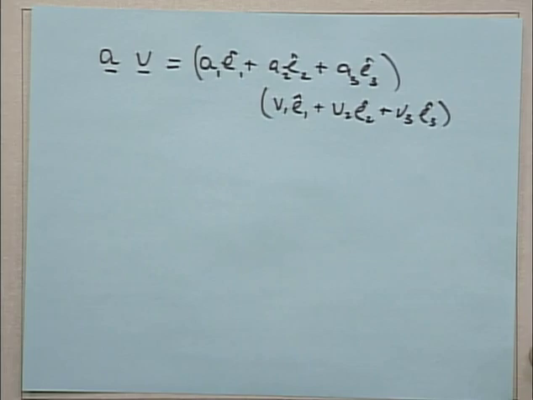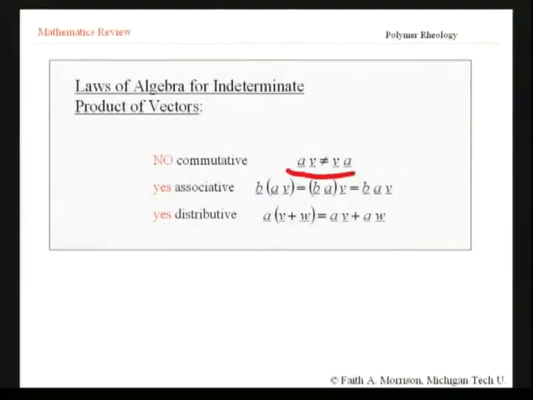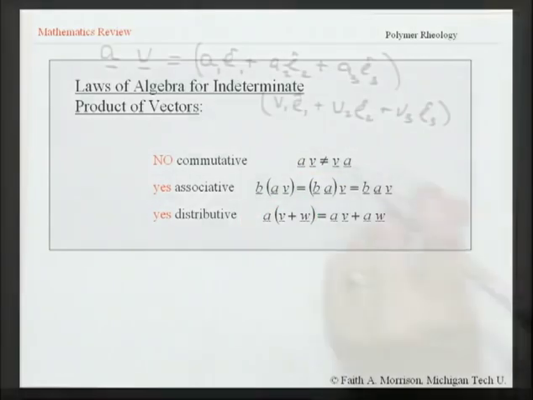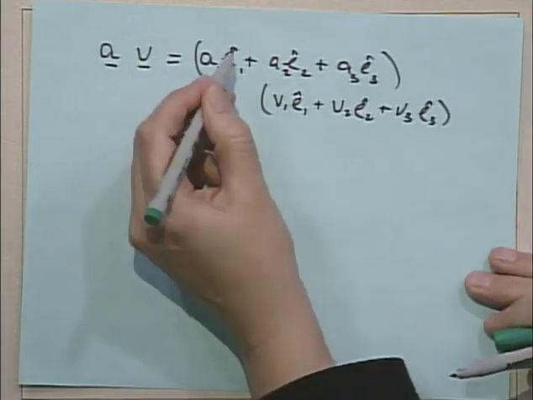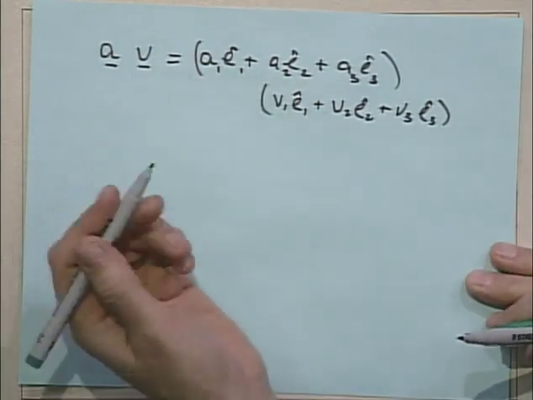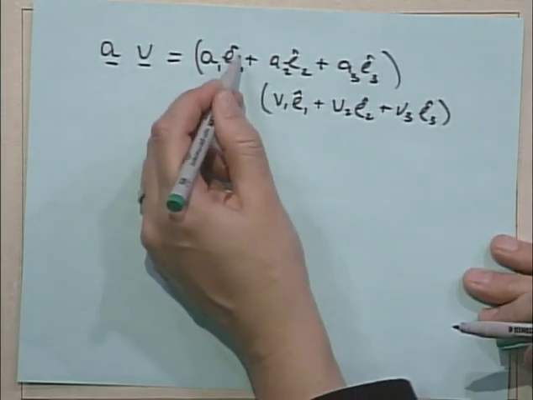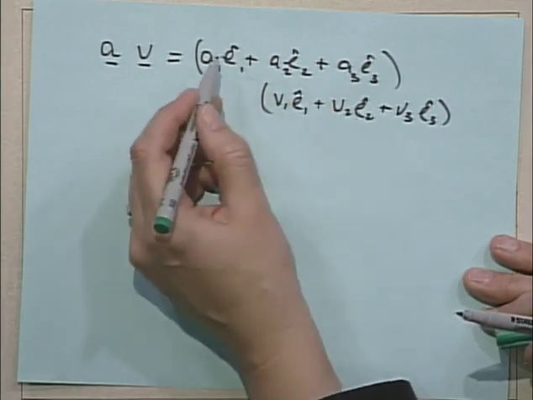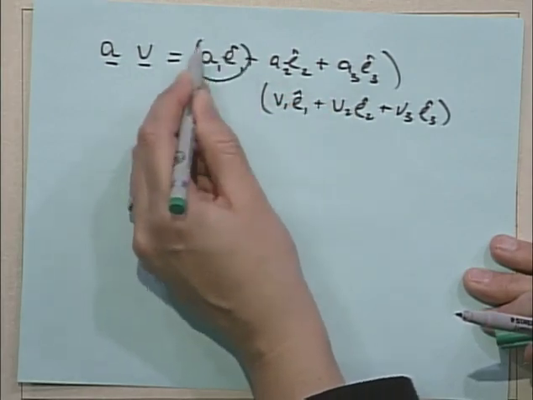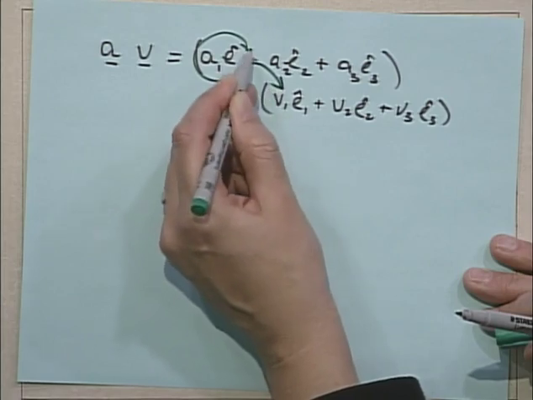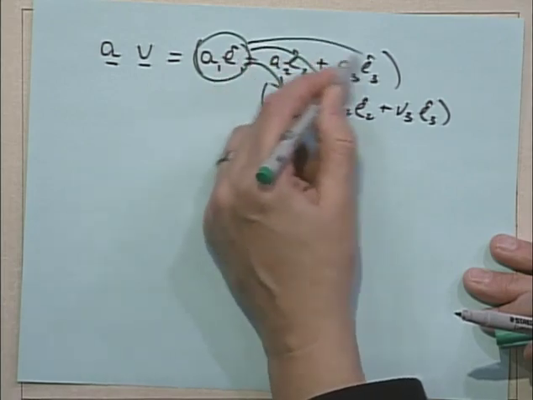If I go back to my slides, I know that I may not commute, but I can distribute. So now I'm going to distribute this. I've got kind of a complex distribution here, but just like I was going to multiply these out algebraically, I'm going to associate this one first with that, second with that, third with that.